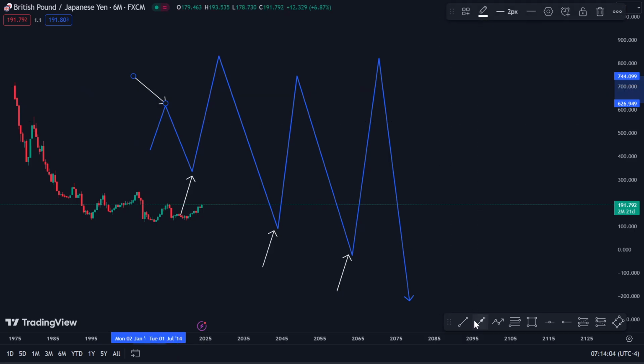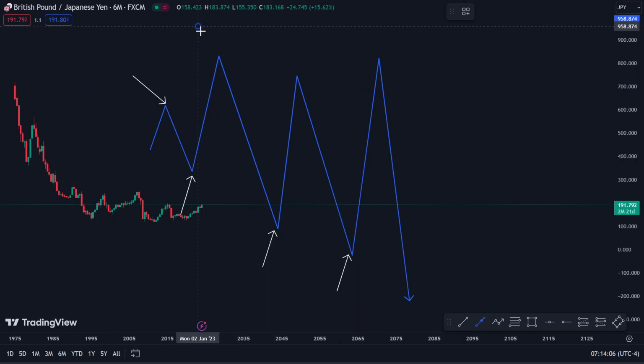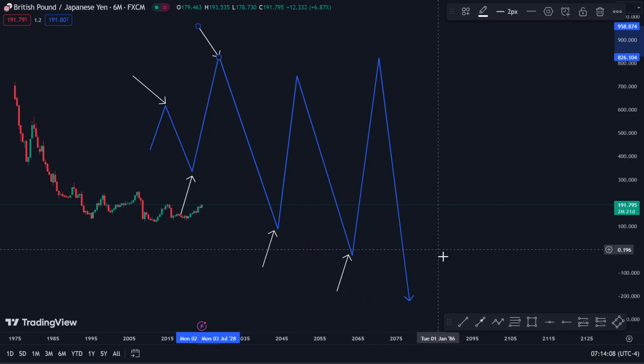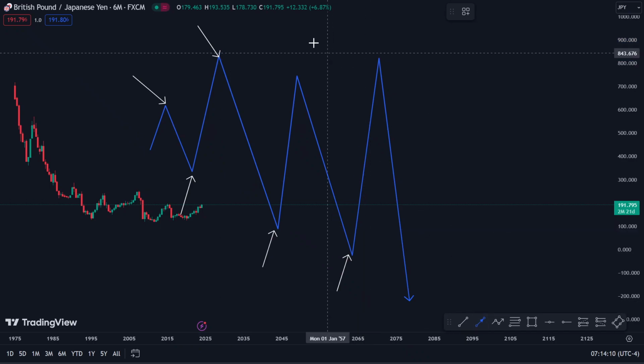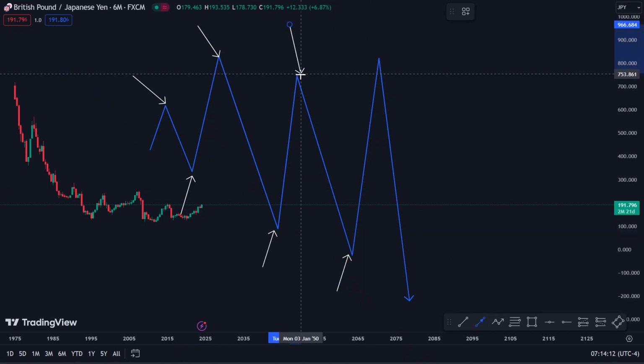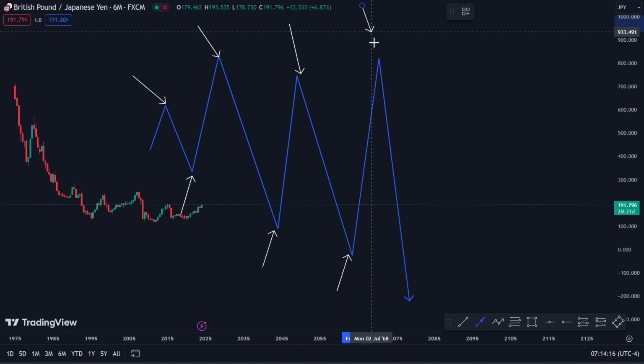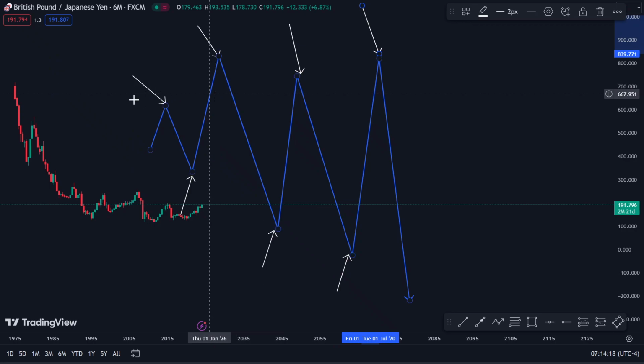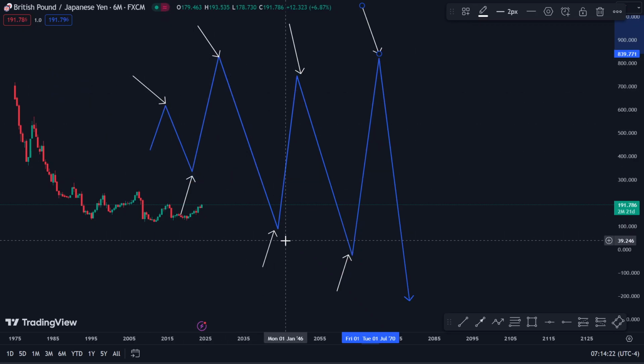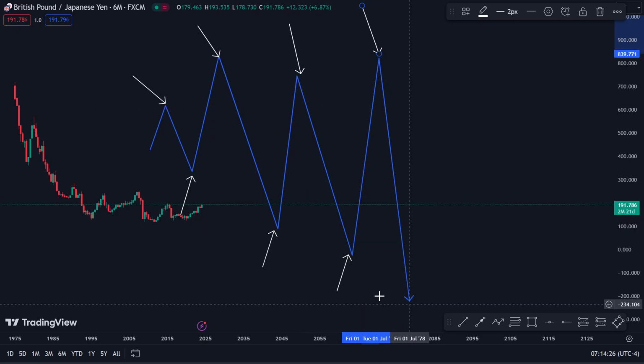I guess I'll just go the hard way. We have a swing point over here, and eventually we have a swing point over here. Now this is a swing high, swing low, swing high, swing low, swing high, swing low, swing high, and finally I think this makes our final swing point, which is a swing high.